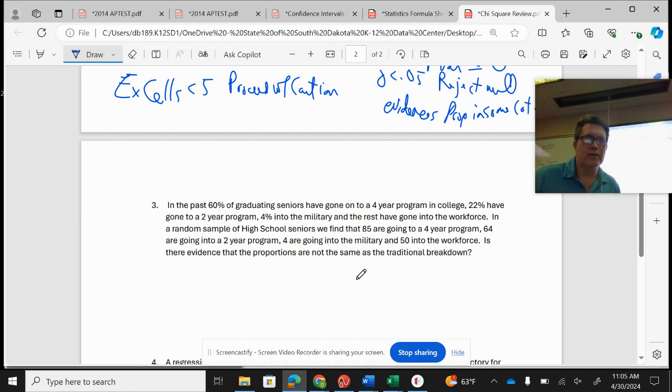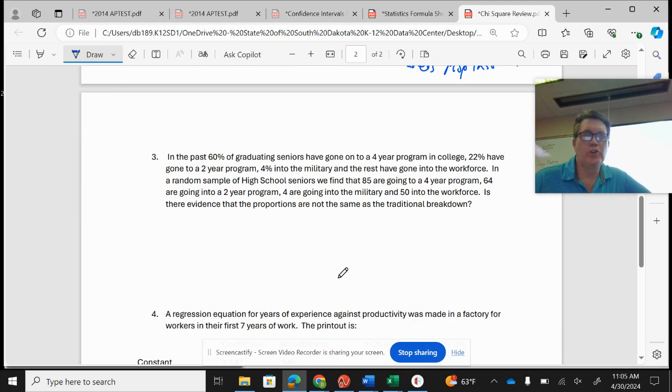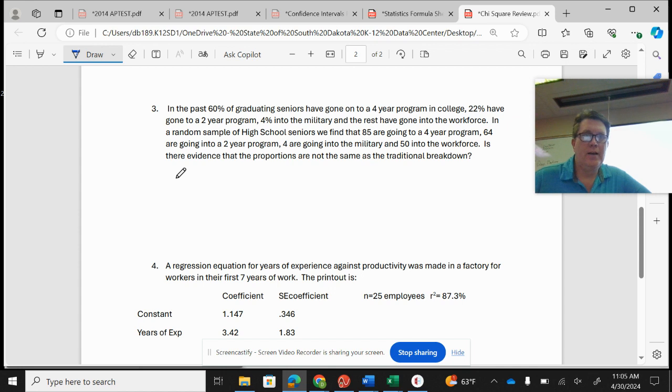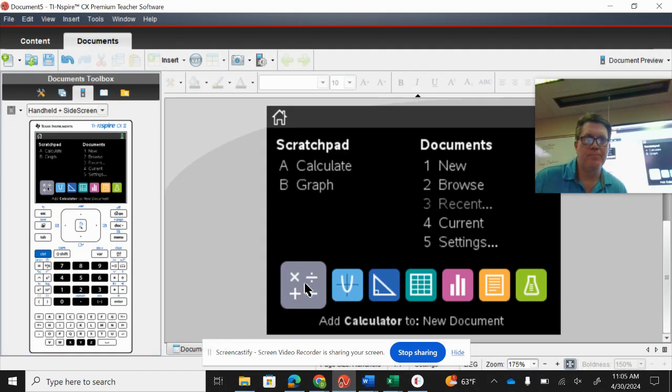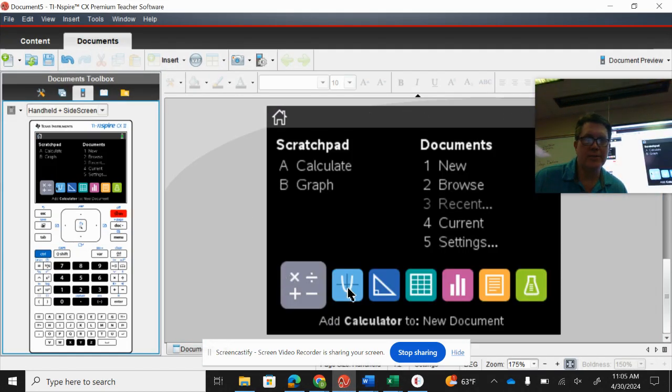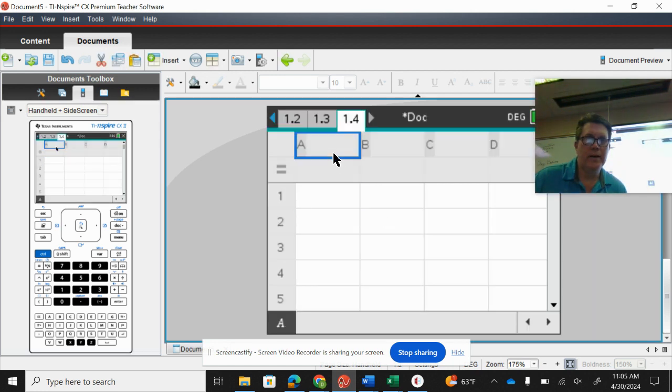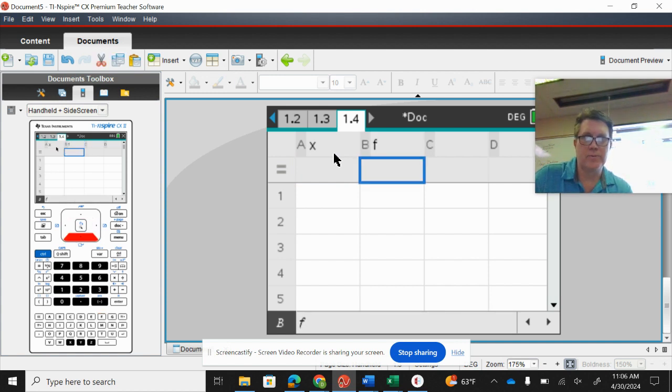All right, the last one, the chi-squared test of goodness of fit. Okay, it says in the past, 60% of graduating seniors have gone on to a 4-year program. Now remember, the goodness of fit, that one goes into a table. Okay, so we're going to call this one X and this one F, and 60% have gone on.